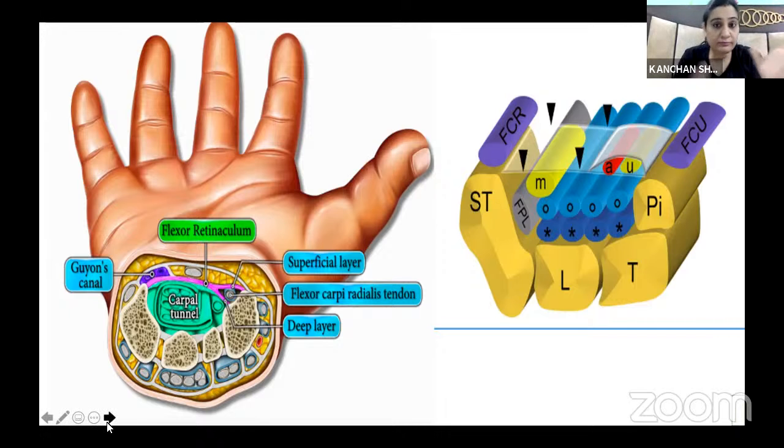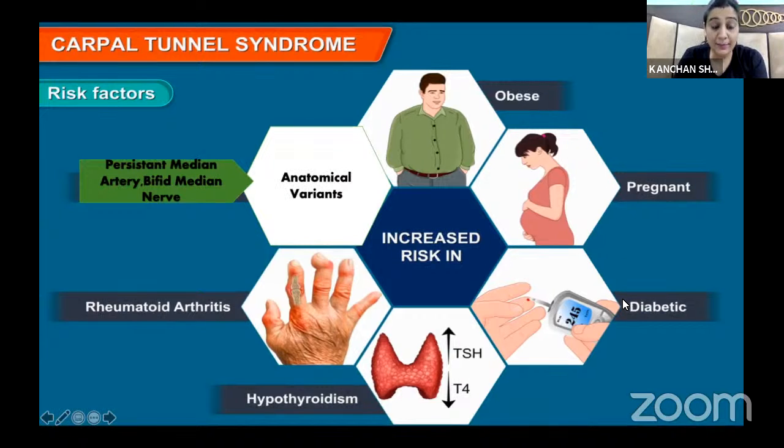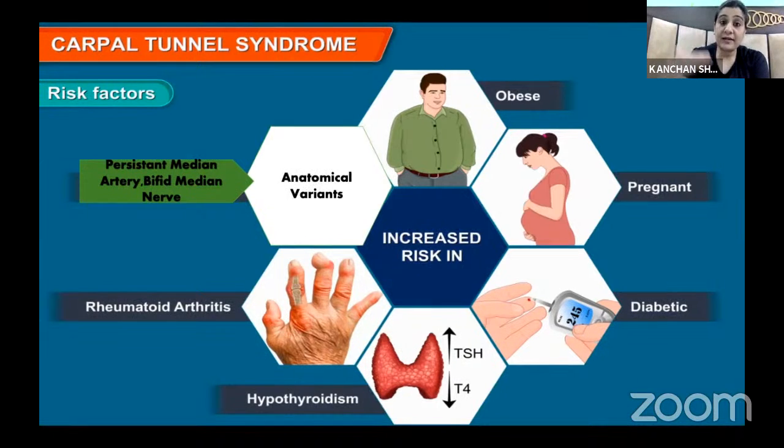So what all are the risk factors which can lead to this carpal tunnel entrapment: one is obesity, pregnancy, diabetes, hypothyroidism, rheumatoid arthritis, and also some anatomical variants like a patient can have a persistent median artery, the patient can have a bifid median nerve. All the flexor tendons are passing beneath it, so you can have the inflammation of the tendon itself, which is causing the carpal tunnel syndrome.